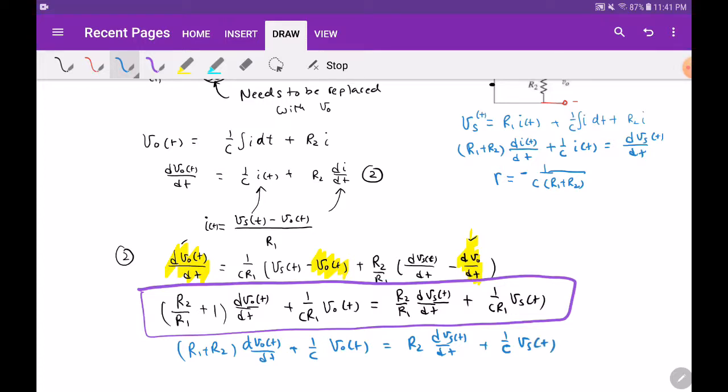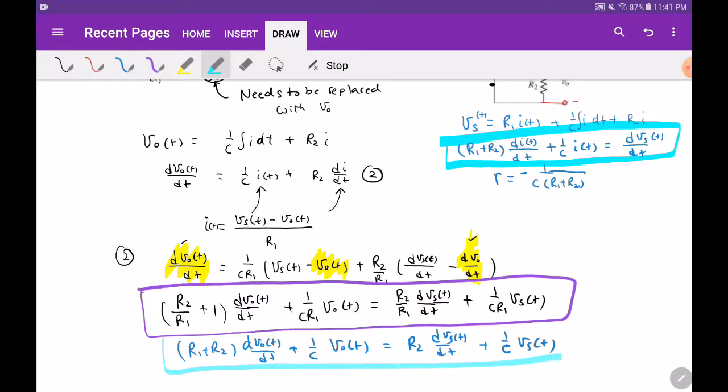The only thing that's different about these two equations, well, there are plenty actually. The first one is a model for the current, and this one is a model for the voltage out. But what do they have the same? The left hand side is exactly the same, with the exception that this is in terms of I and this is in terms of V out.